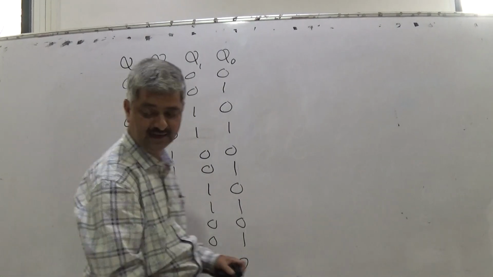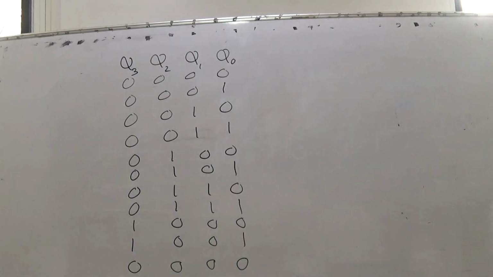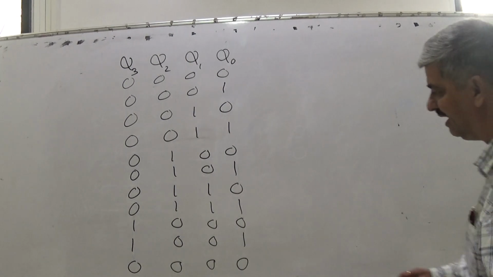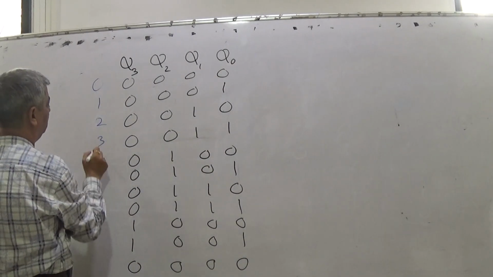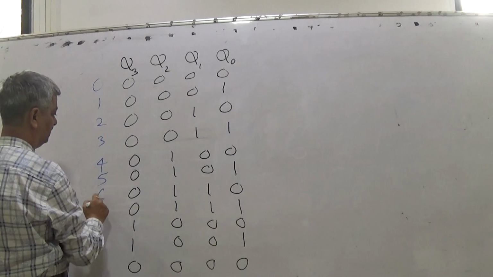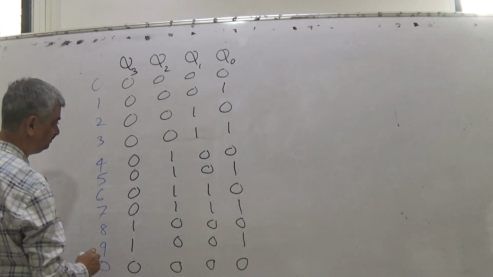So this is a decade counter. Being a decade, it is obvious that it will have 10 states from 0, 0, 0, 0 to 1, 0, 0, 1 and then again 0. These states are 0, 1, 2, 3, 4, 5, 6, 7, 8, 9 and again 0.